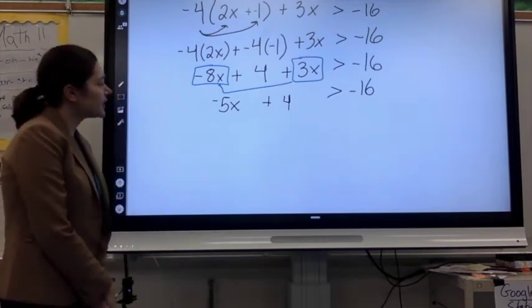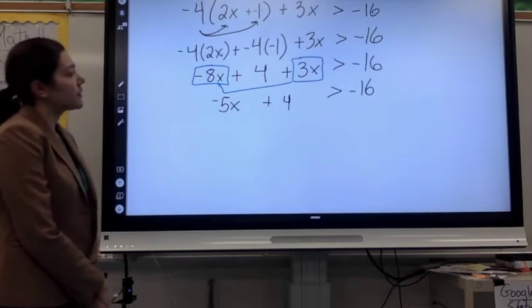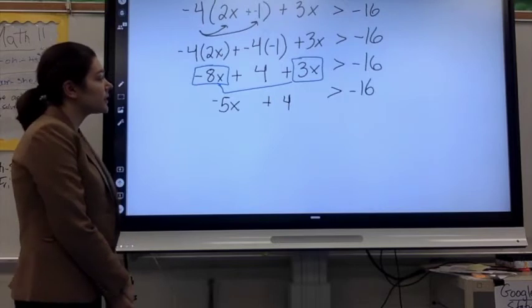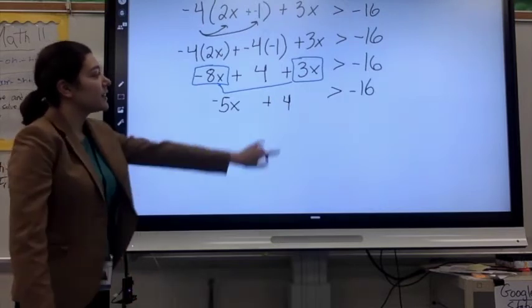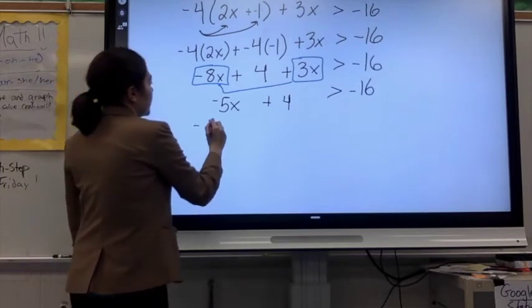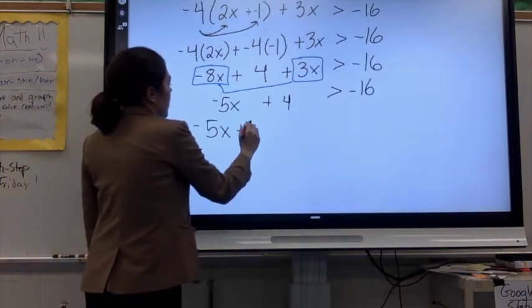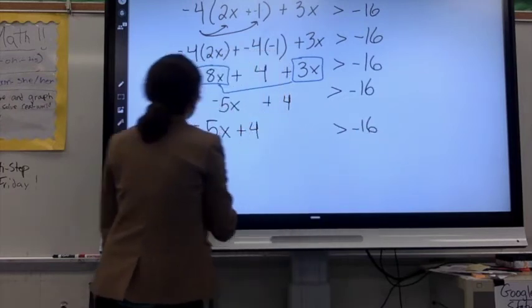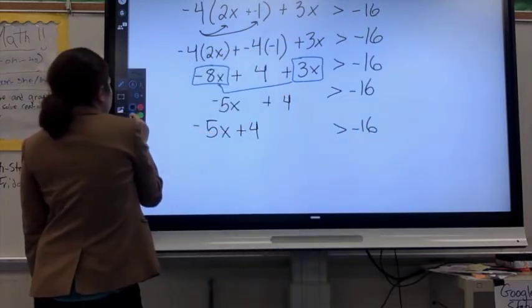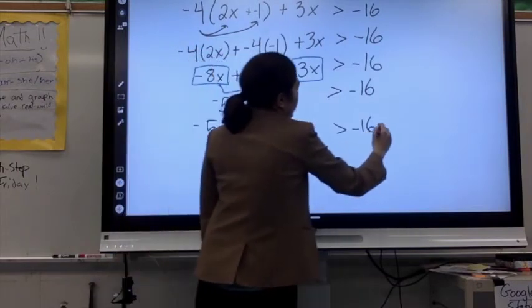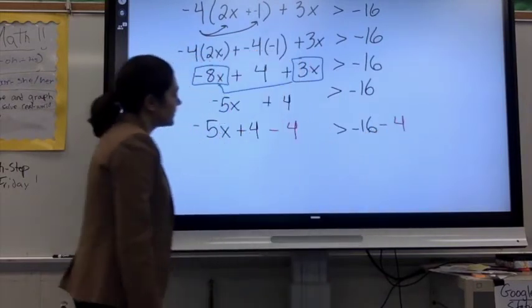And so I have -5 times x plus 4. To work backwards, to reverse that and undo everything, I'm going to first have to subtract 4 from both sides, because that's going to undo adding 4. So I'll rewrite what I currently have. And then I'm going to subtract 4 on the left and subtract 4 on the right.